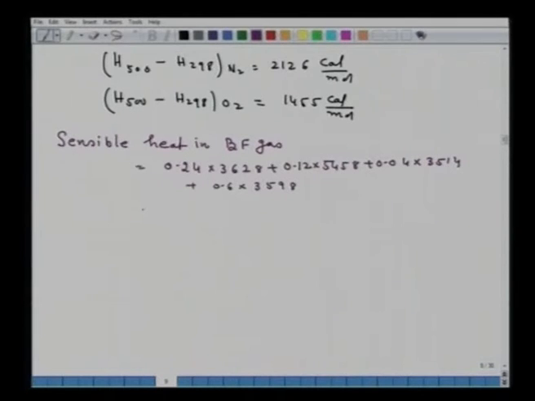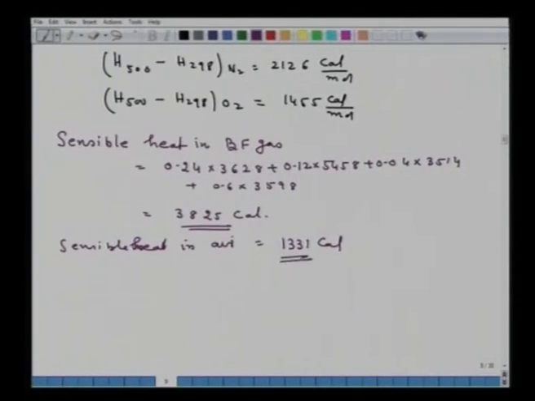That will be equal to 3825 calorie. Similarly, the sensible heat in air, you can multiply and get 1331 calorie. This is the sensible heat in air, and it will be supplied along with the reactants.